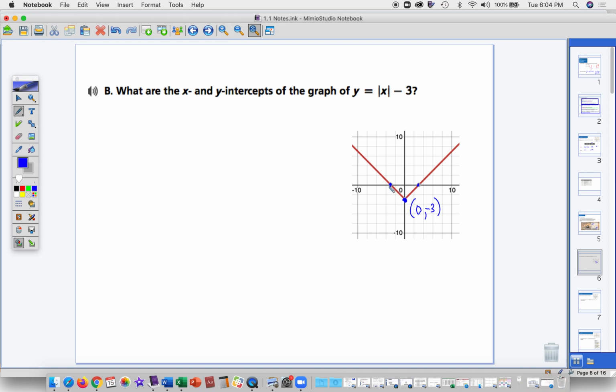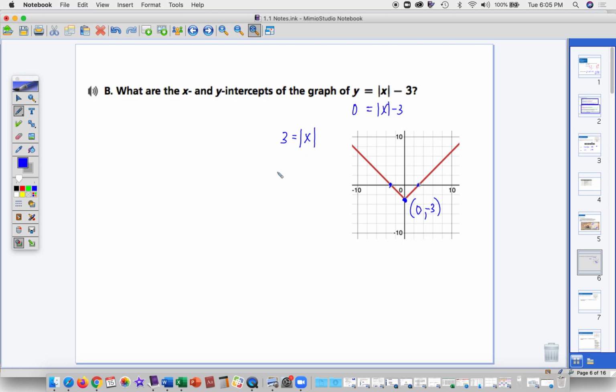Let's see where they come from. If I let y equal 0, then I get this equation. If I move the 3 to the other side, I get 3 equal to the absolute value of x. If you remember, when you're solving an absolute value equation, you have two answers.